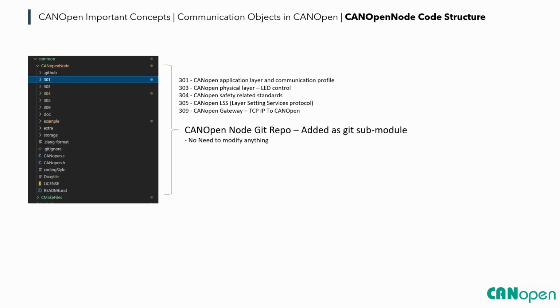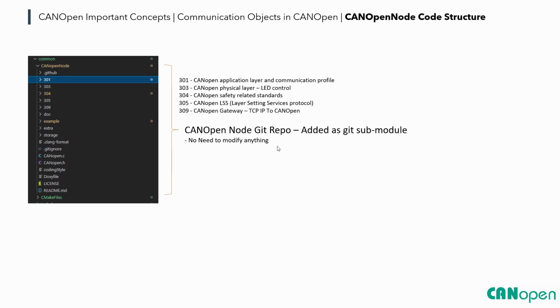Okay, so about the CANOpenNode code structure, we have this CANOpenNode repository on GitHub, and it has a couple of folders: 301, 303, 304, and you can see the description for each layer here.